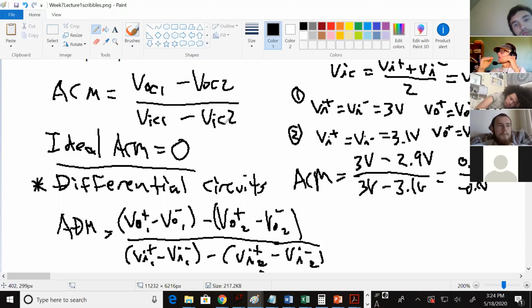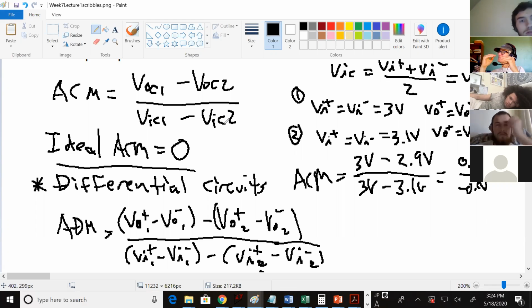Okay, so what about, let's say I do 3.1 and 3.1 on the inputs, and then I go to 3.2 and 3.2. So I change both VI plus and VI minus. If I go up by 0.1, does that work with the differential for ADM? No, why not? Now you'll have 0 in the denominator, mathematically.